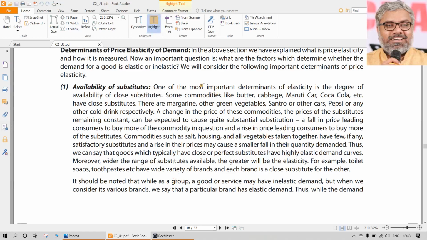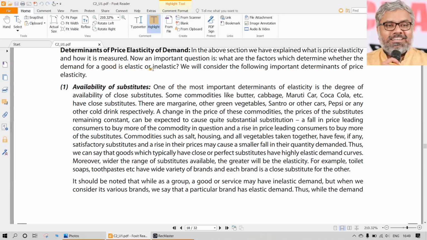Of course, we know that there will be price elasticity of demand for many products. Some products may have high elasticity, some low, but in general there will be some price elasticity of demand. The question is how it is measured. That is what we calculated earlier by using the formula.